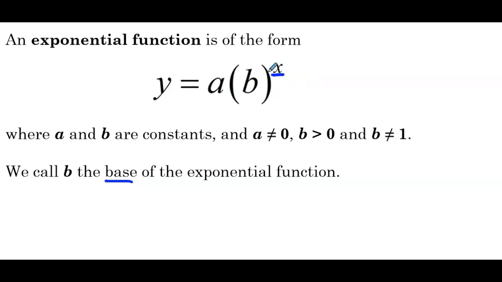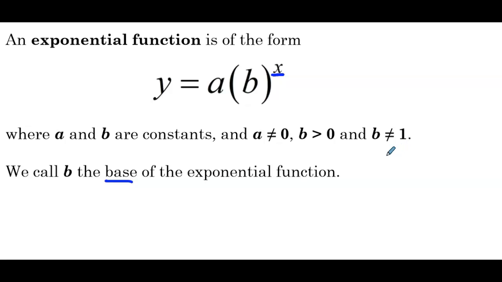So no matter what our exponent is, 1 to that exponent is 1, times a, the coefficient, would be a. Maybe the coefficient is 4, maybe it's negative 3, doesn't matter, but we'd have y equals a, which again is the graph of a horizontal line. And for the same reason that the coefficient can't be 0, the base can't be 1 because a horizontal line is not an exponential function.